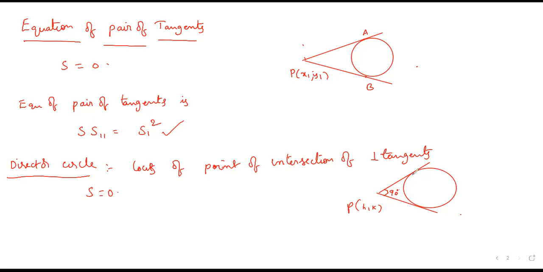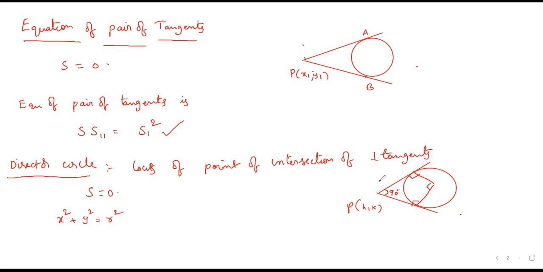So to find the director circle, this is also 90 degrees and this is also 90 degrees. So the center: suppose the circle S equals 0, if you take it as the standard circle x square plus y square equals r square.